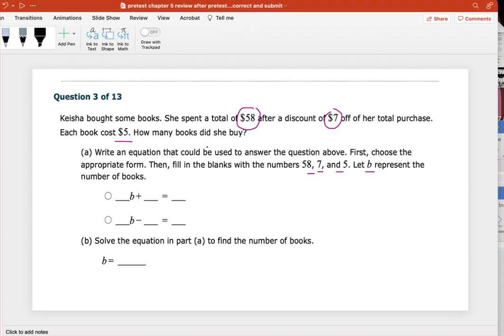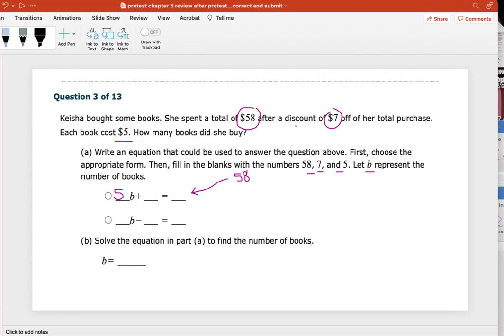Okay, so first of all, let's think. She spent $58 altogether. So $58 would be this right here at the end, wouldn't it? So I'm saying this ought to be $58 right here, the total cost. We're making a cost equation. Now if each book is $5, then the number of books times $5 will give us how much she spent on the books.